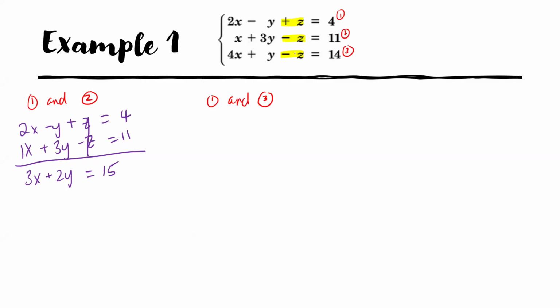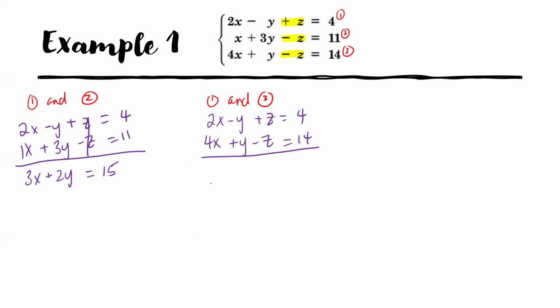Okay, my next two equations that I decided I was going to combine in order to eliminate the z are equations 1 and 3. So we have 2x minus y plus z equals 4. Then we have 4x plus y minus z equals 14.